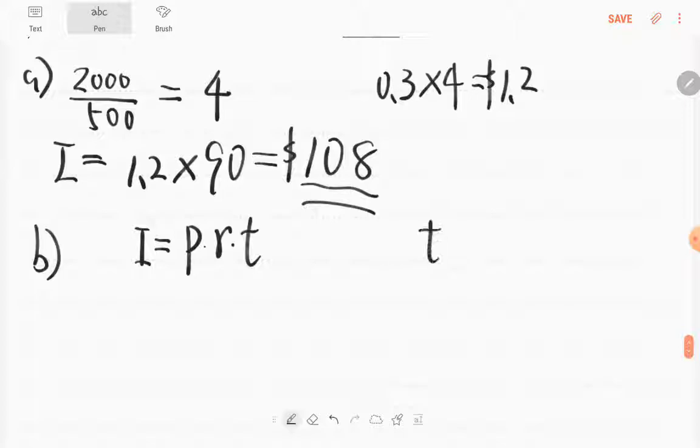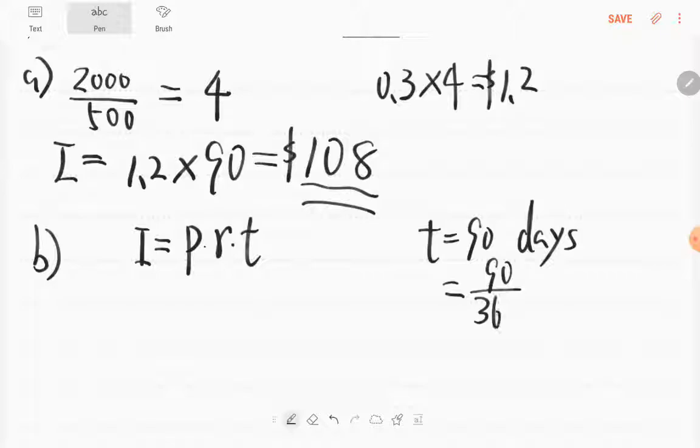Because it's not in years, we need to convert to years. For our convenience, we always count 1 year as 360 days. So 90 days would be 90 over 360, which is 1/4, or 0.25 years.